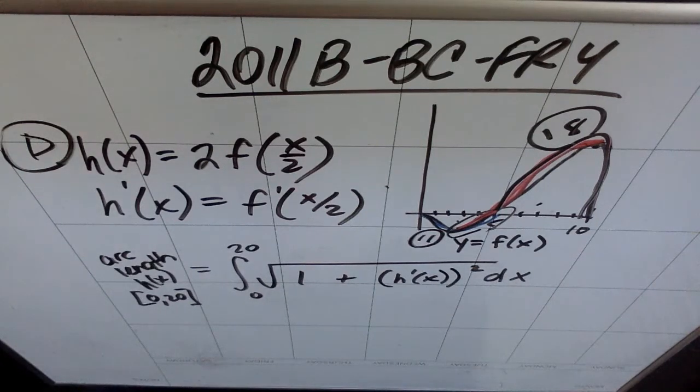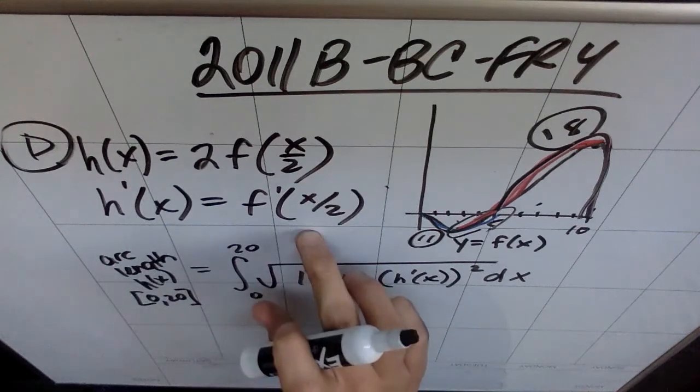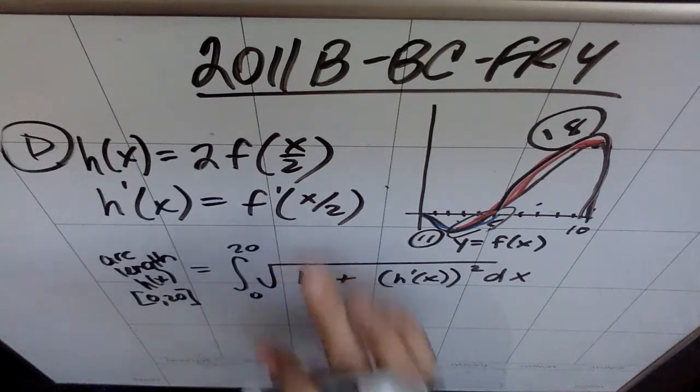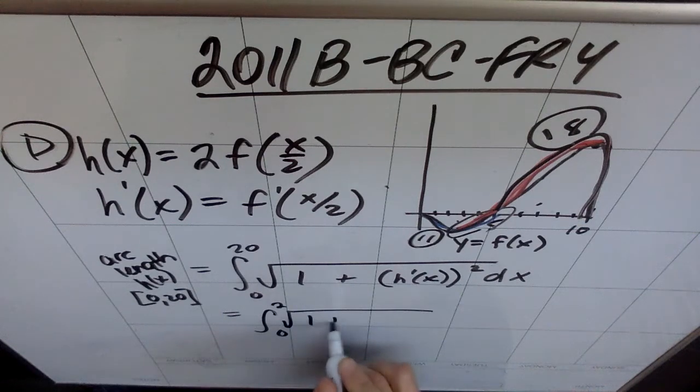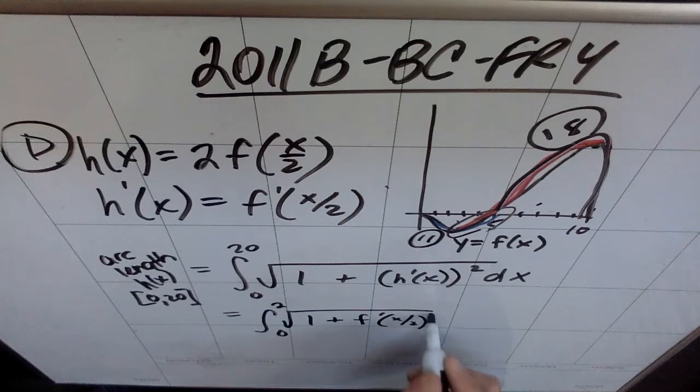But we know that h prime is the same as f prime of x over 2. So this is the integral from 0 to 20 of the square root of 1 plus f prime of x over 2, quantity squared, with respect to x. Sorry, 0 to 20, not 0 to 2.